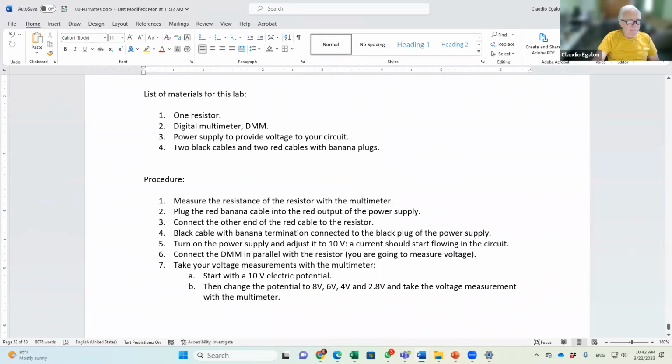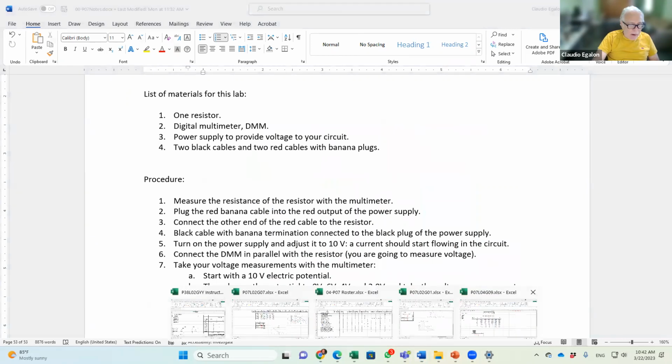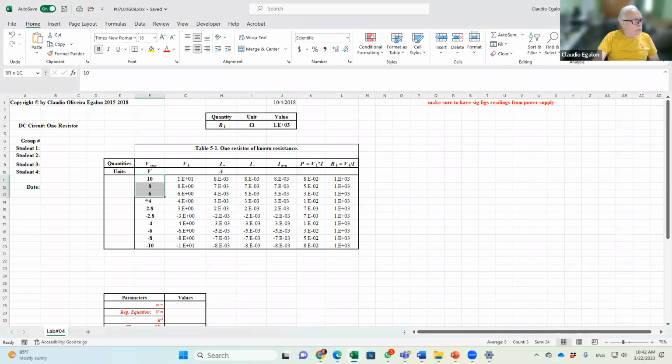Okay, that's what the 5 measurements are all about.